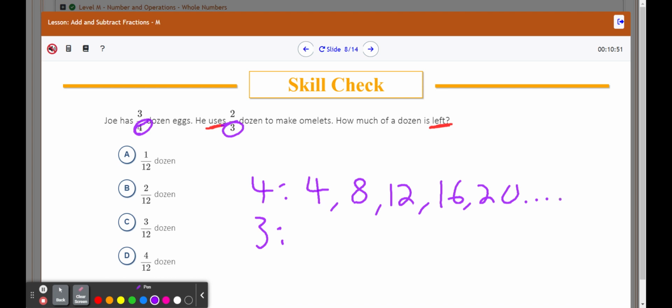Let's find the multiples of 3. 3, 6, 9, 12. I'm just going to go ahead and stop right there because it already happened. If I look here, 4 goes into 12 and 3 goes into 12. Boom. That's my least common multiple. That's what my new denominator is going to be because they both share the same multiple. Therefore, they can both have the same denominator.